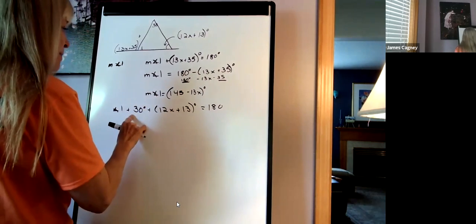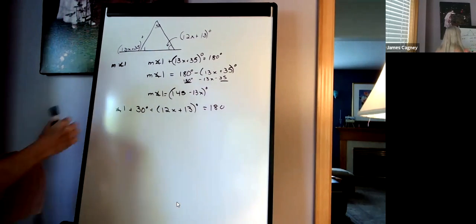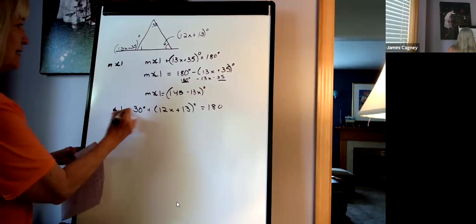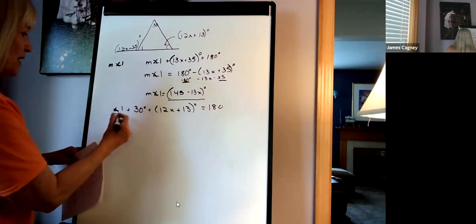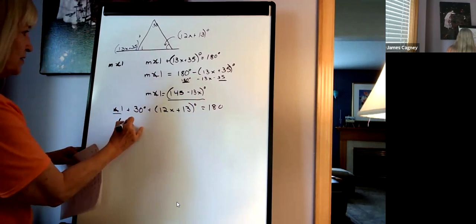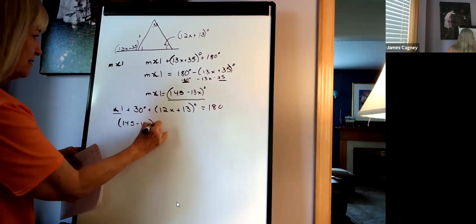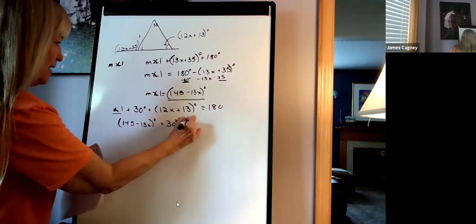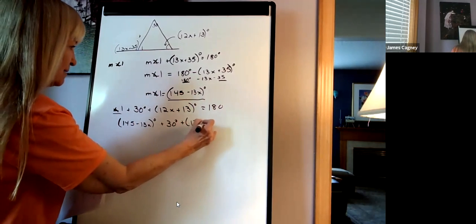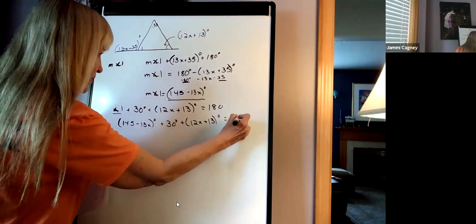This is the sum of the measures of the angles in a triangle. I know what angle 1 is; we just solved for that. So I'm going to substitute this in for angle 1. I have 145 minus 13x degrees plus 30 degrees plus 12x plus 13 degrees is equal to 180 degrees.